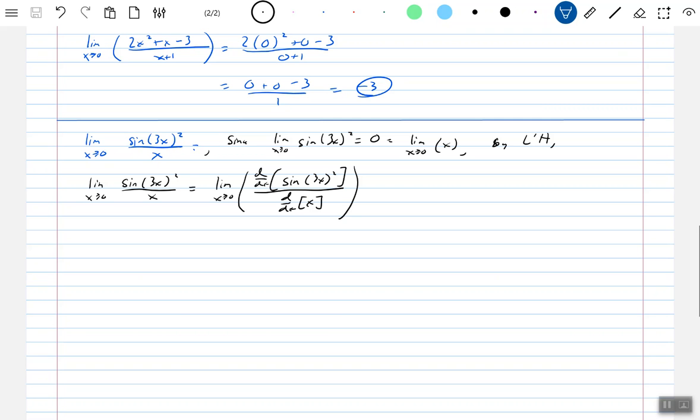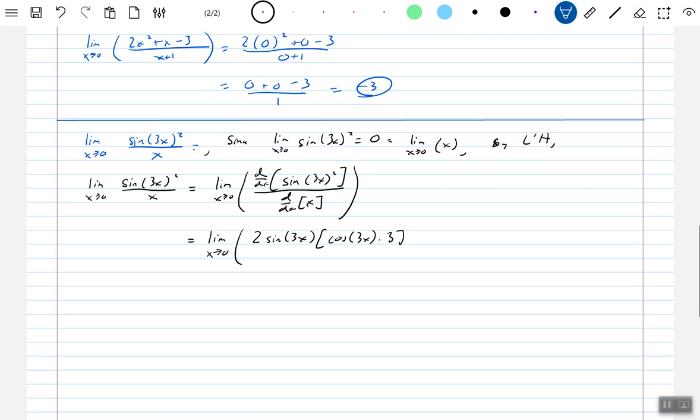That's all we're doing. So this is equal to the limit as x goes to 0 of, now what's the derivative of sine of 3x squared? Well, this one we've got to do a couple chain rules. So it's equal to 2 times sine of 3x times the derivative of the inside, so cosine of 3x times 3.